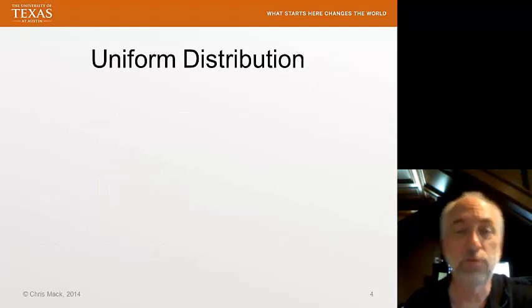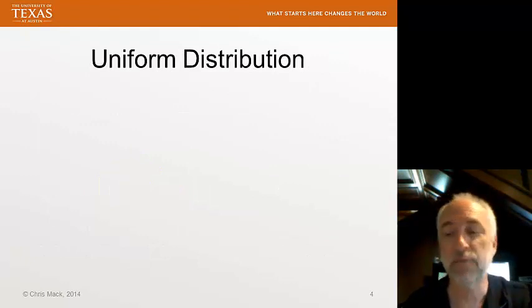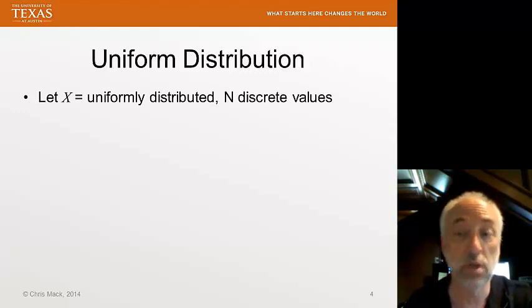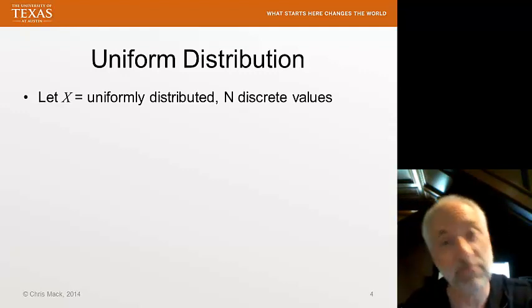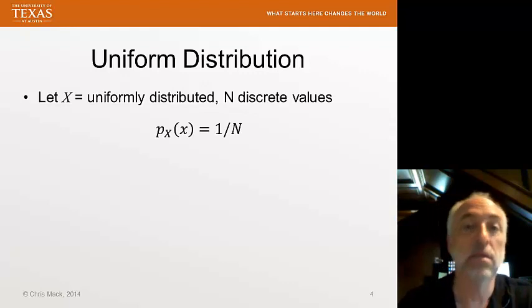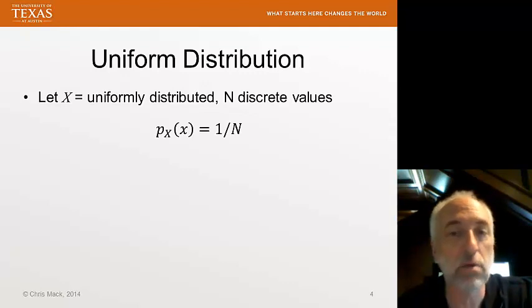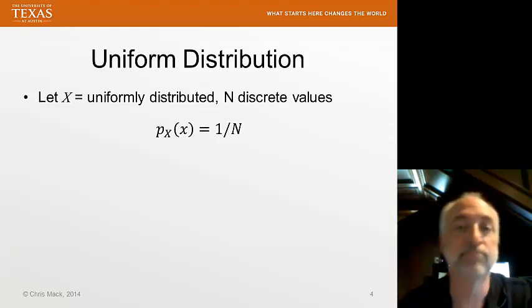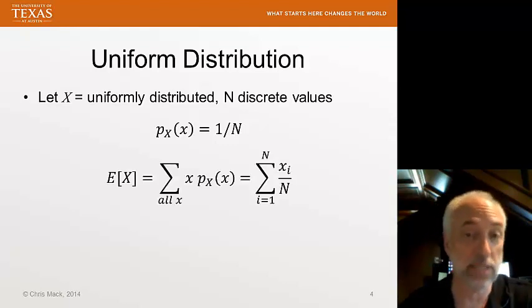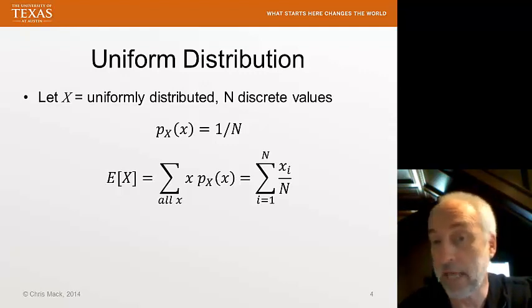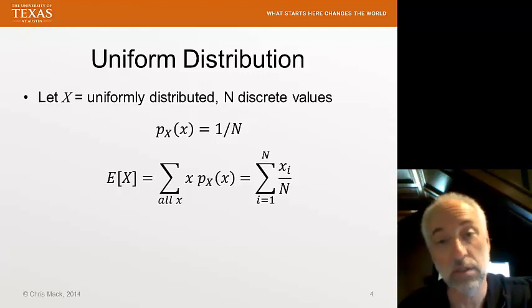Let's look at a uniform distribution. If we have a random variable that follows a uniform distribution, and we have n discrete values, then the PMF of all values of x are 1 over n. So let's calculate the expectation value. The expectation value of the random variable X is the sum over all x's of the value of x times the PMF.